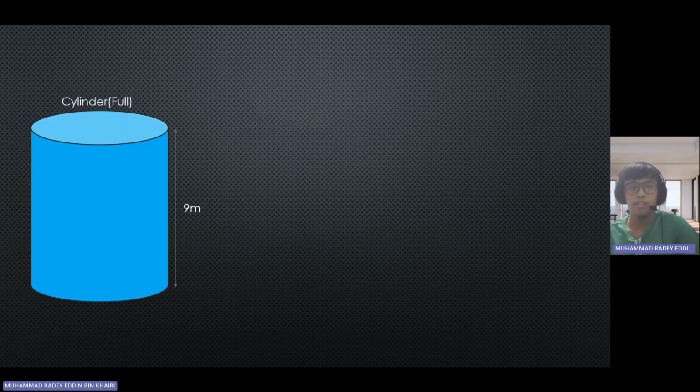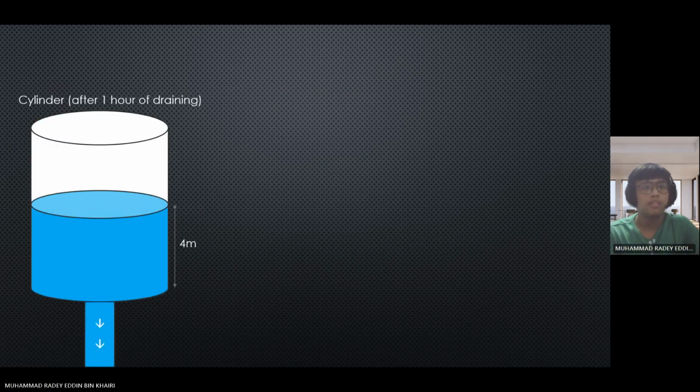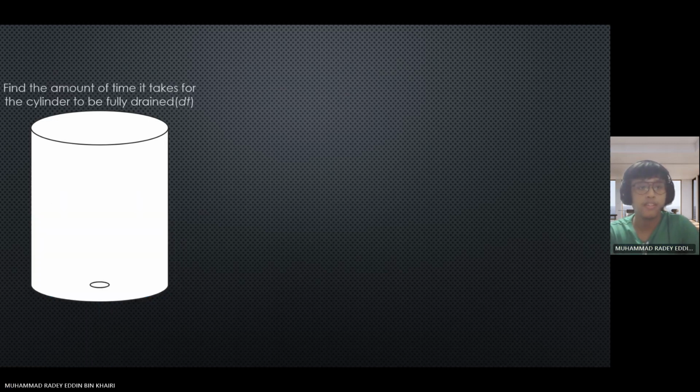So this is what it looks like when the cylinder is full, and after the plug is pulled, the cylinder is drained after an hour and the water level drops to 4 meters. So we have to find the amount of time it takes for the cylinder to be fully drained, which is dt.